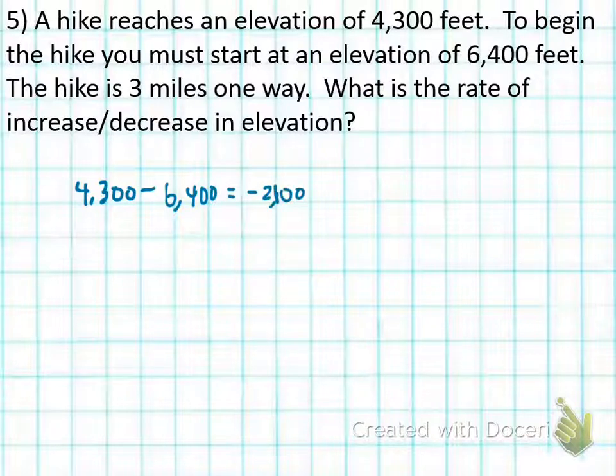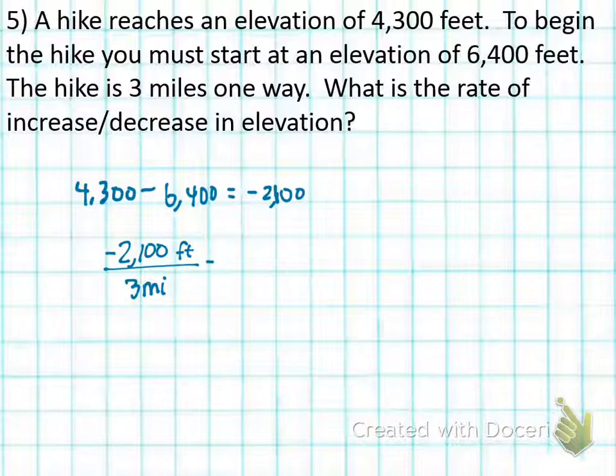Isn't the rate negative? Are you going uphill or downhill? Down. Okay. If you put positive, that's okay, but you should really have negative. So it's negative 2,100 feet over 3 miles, right? Because it's going downhill. Our rate is negative, right?